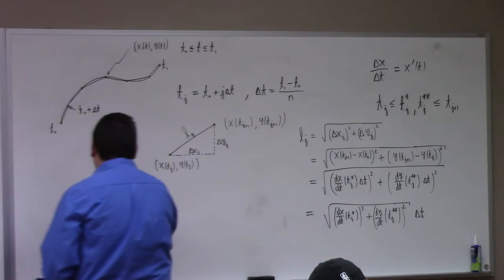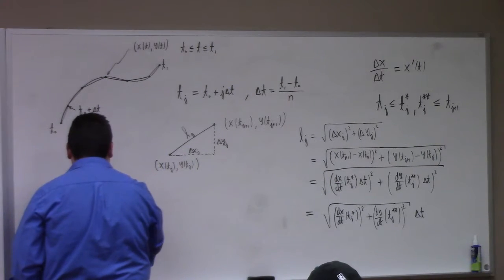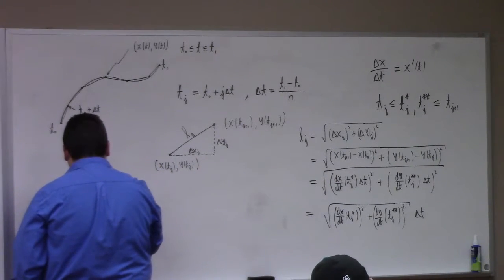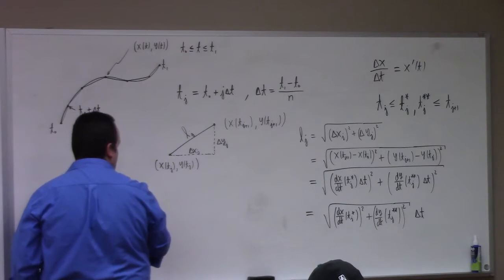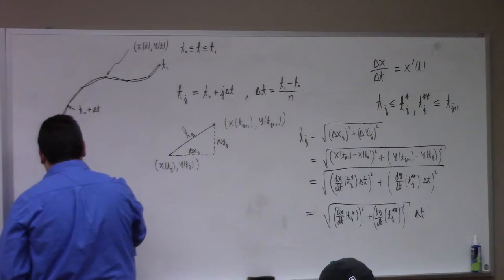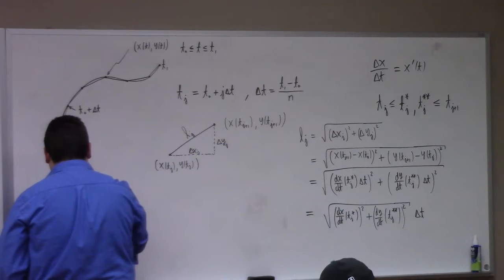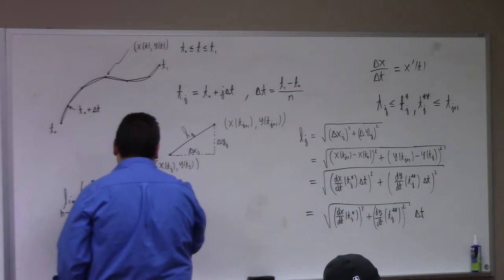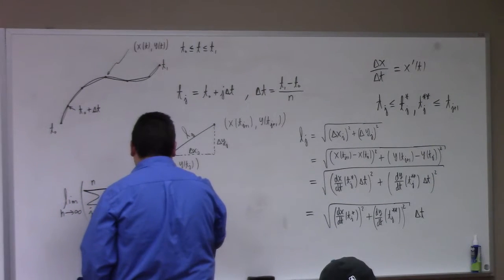So if we take the sum of j equals 1 to n of L sub j, and take the limit as n goes to infinity, well, that is the arc length.